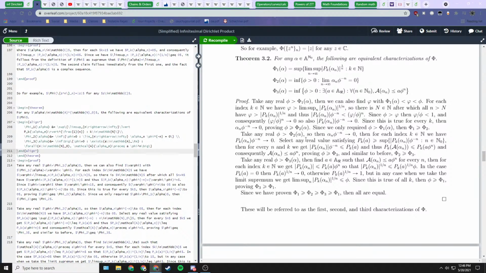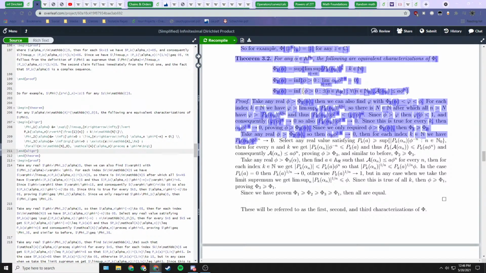So because this is true, we can find any real value. We're going to select some value which satisfies that this is greater than or equal to the supremum of all these terms. This is possible because this term here is real, because we have this absolute value times this real thing, and it's limiting to 0.